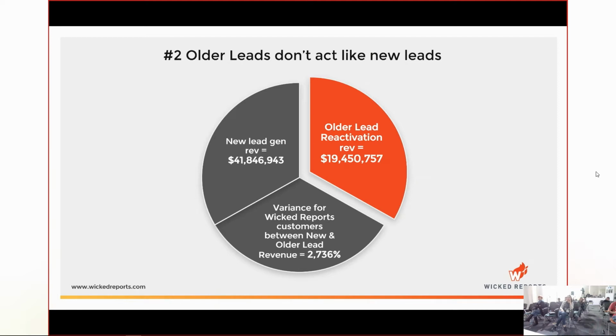Well, online, people act differently when they're more familiar with brands. And the data really spoke to that: there's almost a 3,000% difference in the type of actions or things that make familiar people buy versus unfamiliar people buy. And so your marketing has to take that into account.